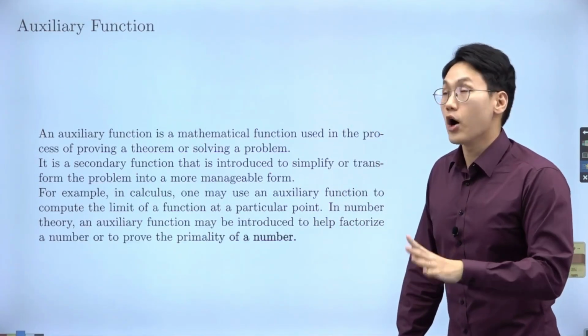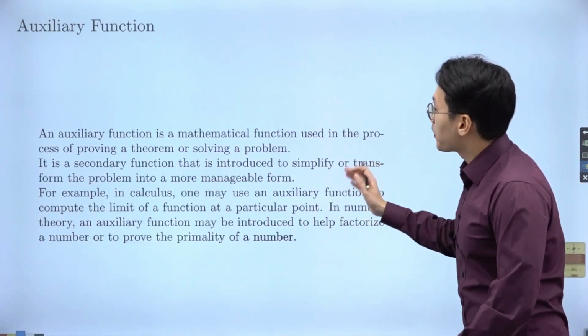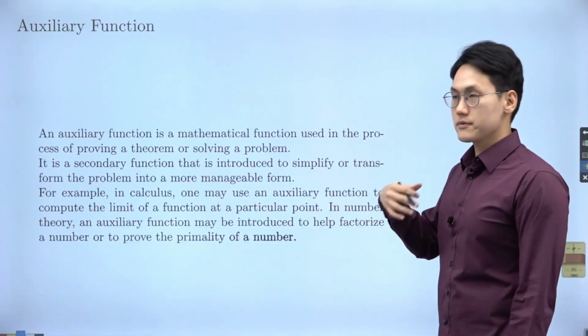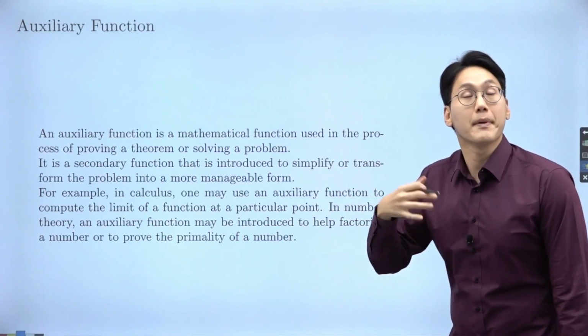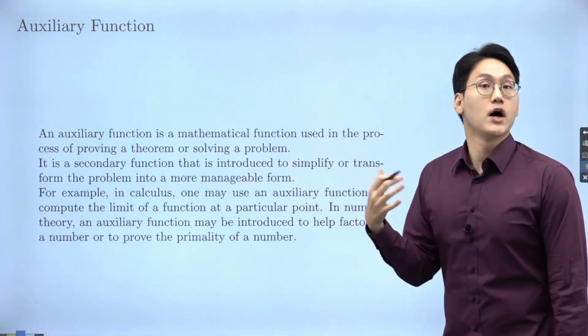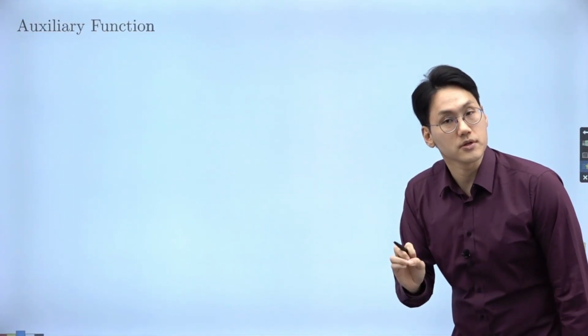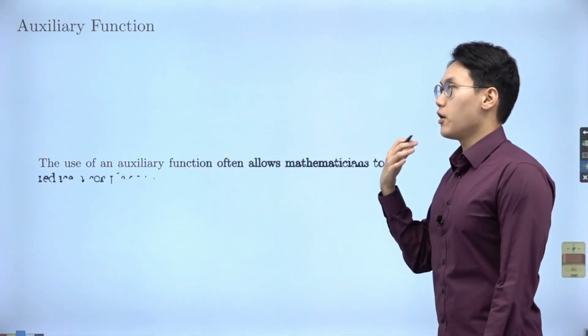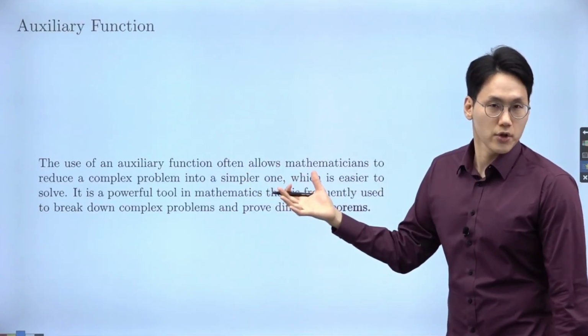It's got a reason. Auxiliary is an adjective meaning to support, you see. It supports me, it helps me to find a result that I want. You see, it's a made-up function precisely to get some result that I want in particular. So there's no ultimate function to prove irrationality of every number.